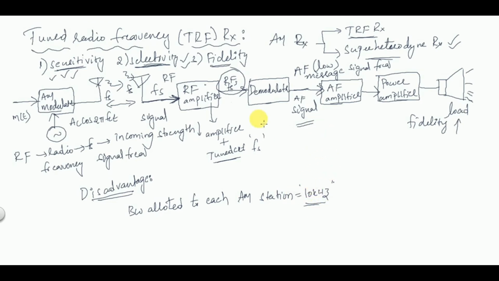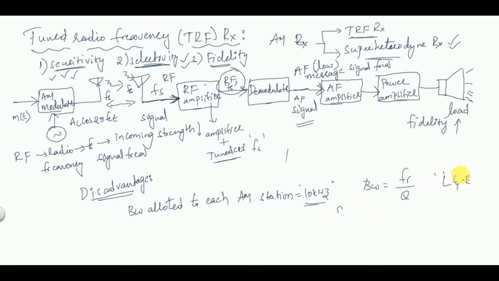10 kilohertz. So bandwidth is equal to FR by Q, which depends on the tuned circuit. Okay, because selectivity and sensitivity, as I told you, depend on the tuned circuit only. So the tuned circuit will have a tank circuit, right?